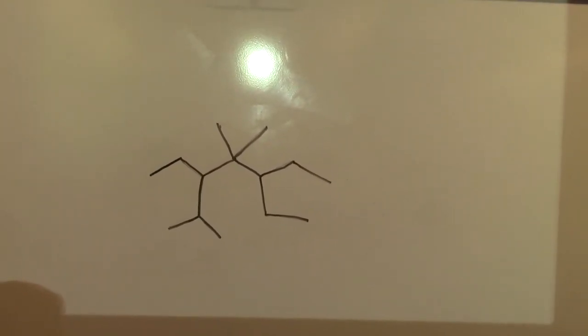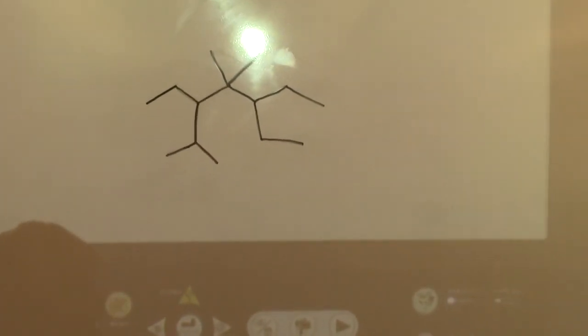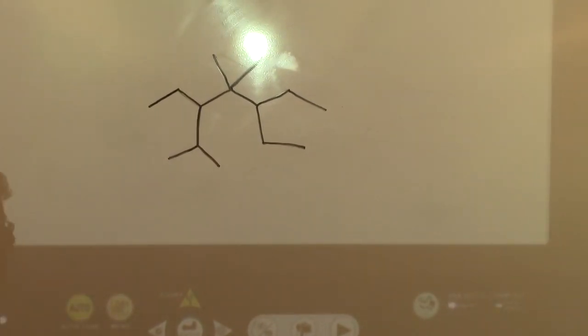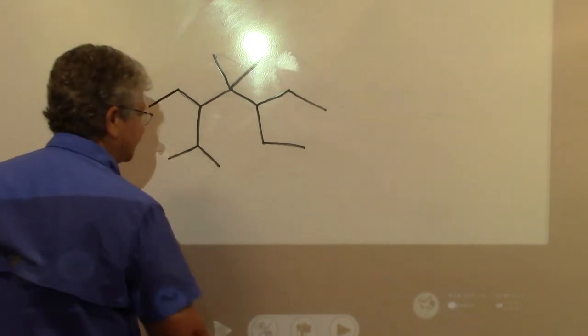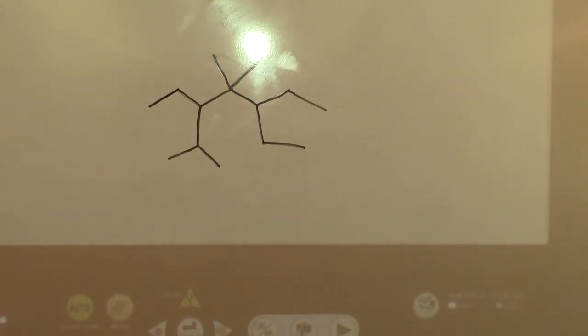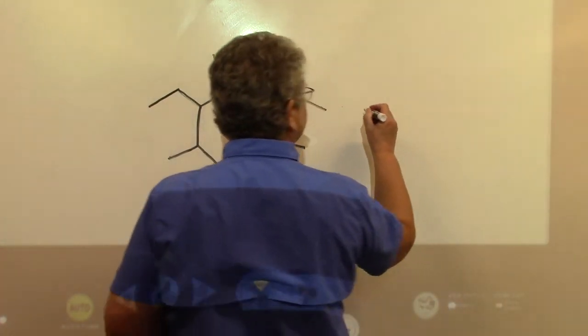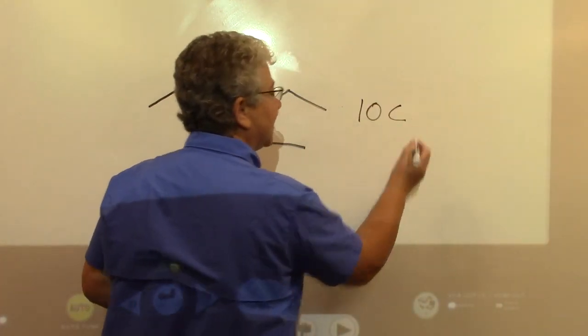So pause the video now and tell me how many different carbon resonances you would expect to see in the spectrum of that molecule. And then when you come back, the answer is that you should see 10.